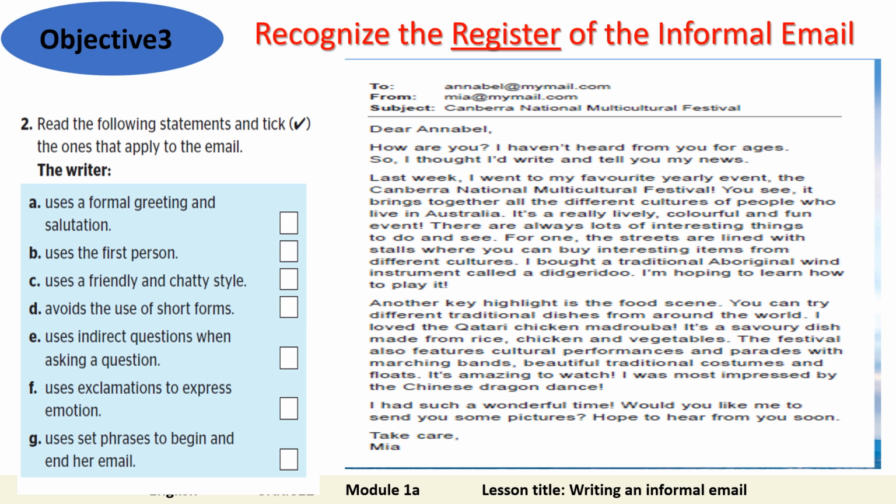It's not there. Does she use the first person? First person. It's I. I is the first person. Can you spot an I here? Oh, yes. There is an I right over there.